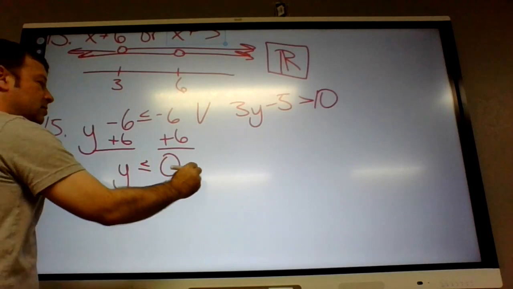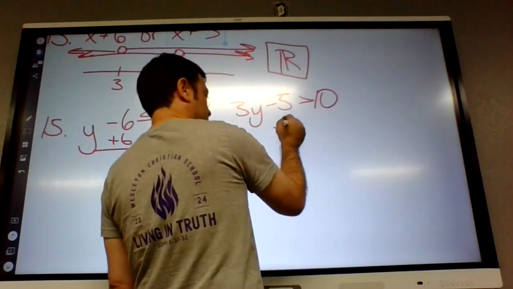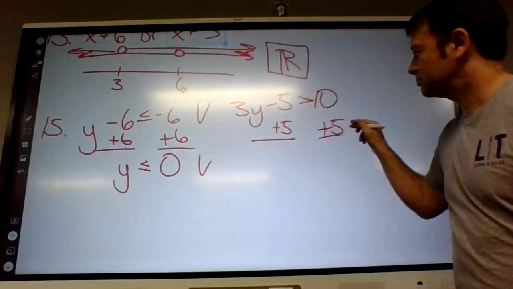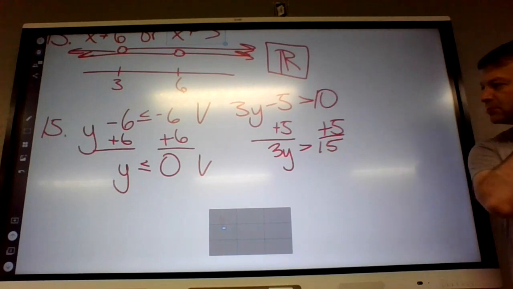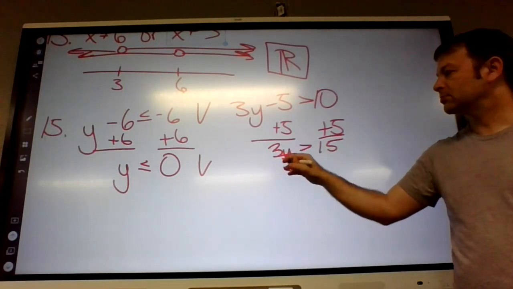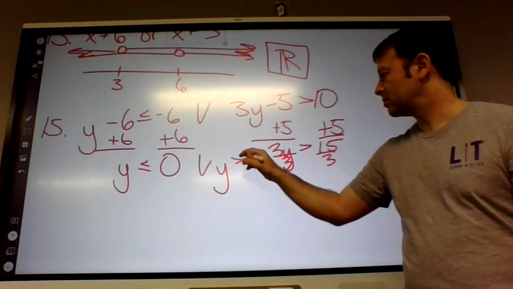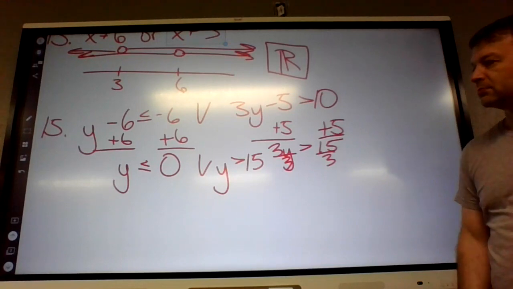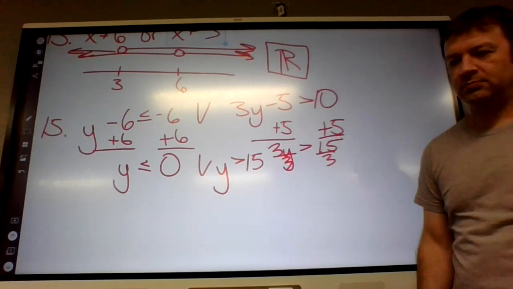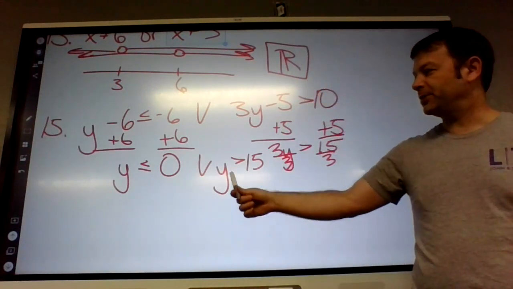On the right side we can add 5 on both sides. And then we can divide by 3. Okay, this one is a rare one where it doesn't.